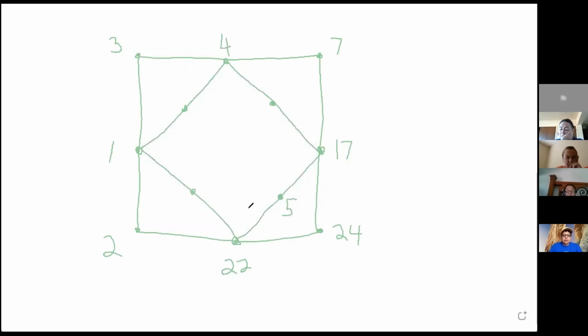Over here? 20. 21. 3. 13. Oops, missed that dot. Oh well.